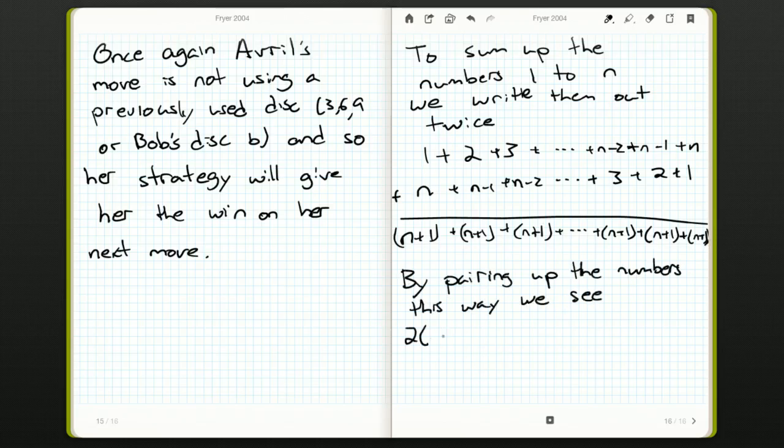So we can see that 2 copies of 1 plus 2 all the way up to n is the same as n times n plus 1. How many copies of n plus 1? N of them.